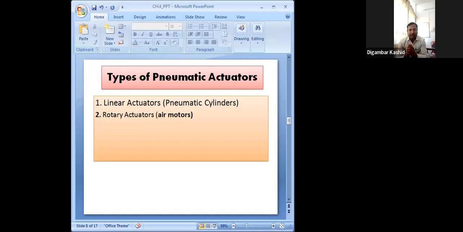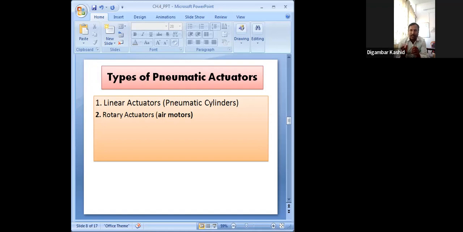But generally, pneumatic actuators are of lighter construction and lesser weight. Please remember this general point.